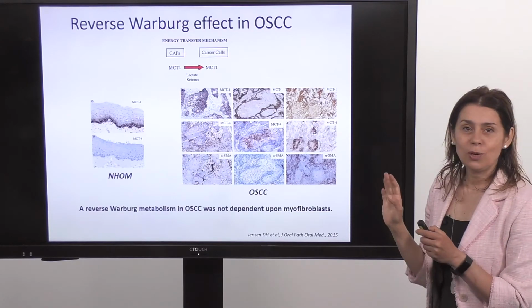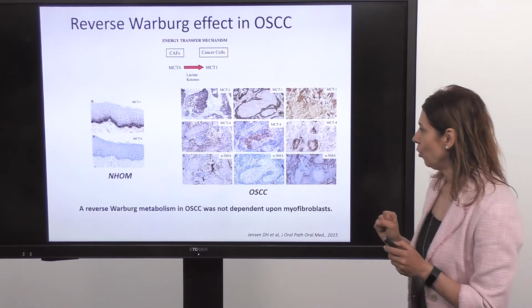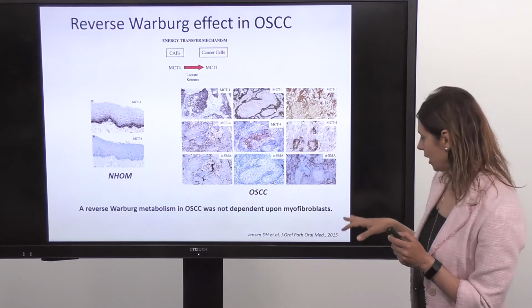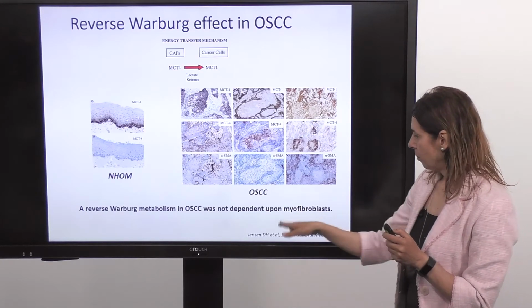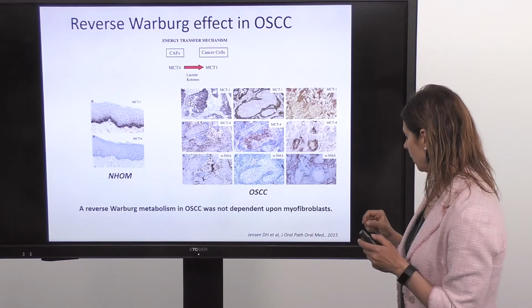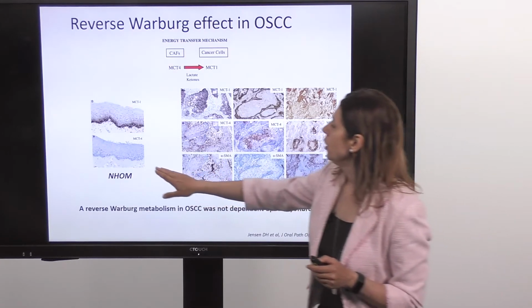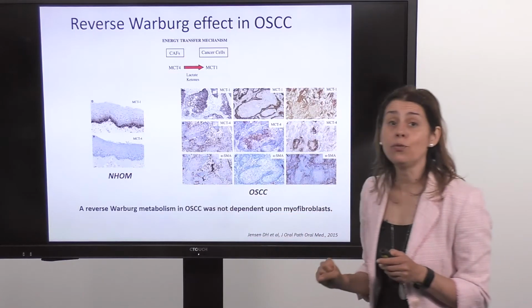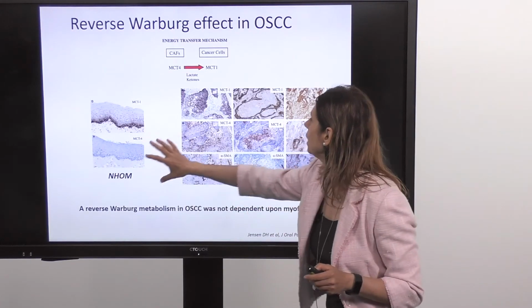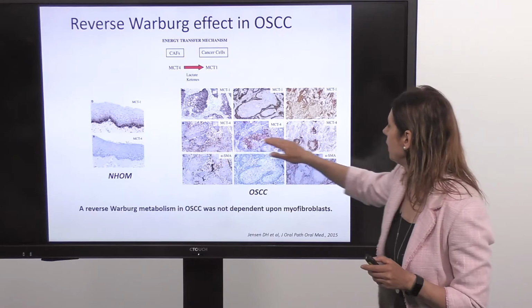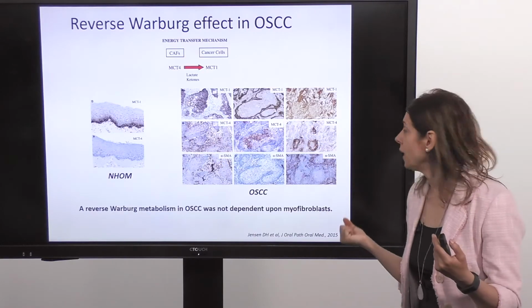So evidence for the presence of this mechanism in oral squamous cell carcinoma has been provided by Jensen and a study in which Eric Dabelstein was involved in 2015, and they show that while you don't have expression of MCT4 in the normal oral mucosa, you have some expression in cancers, but it varied.